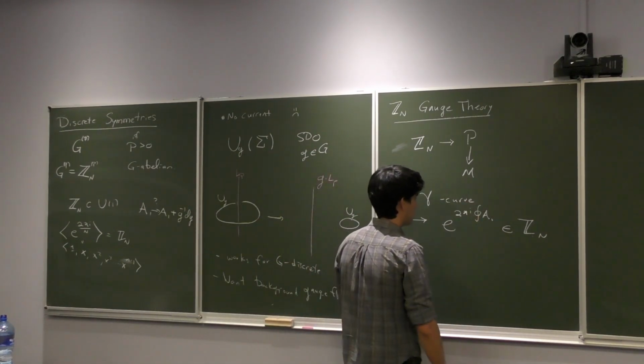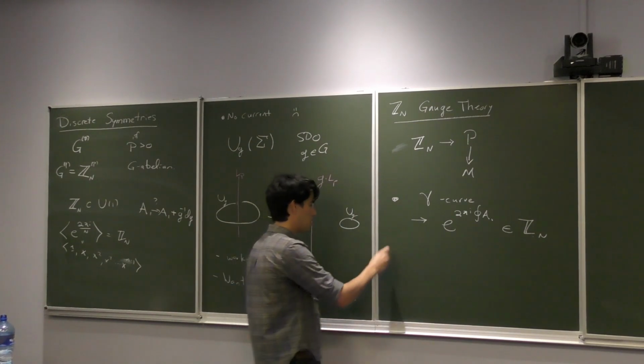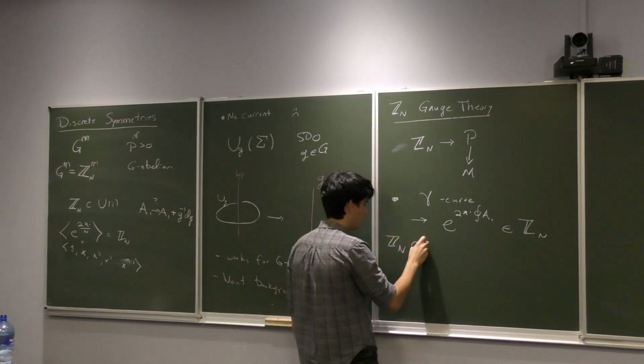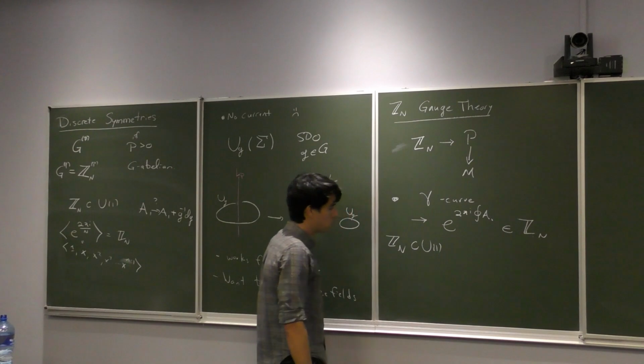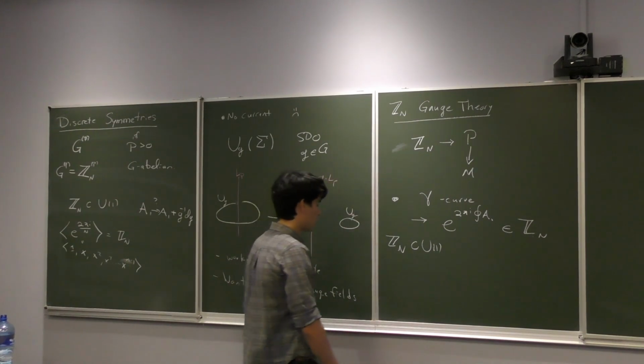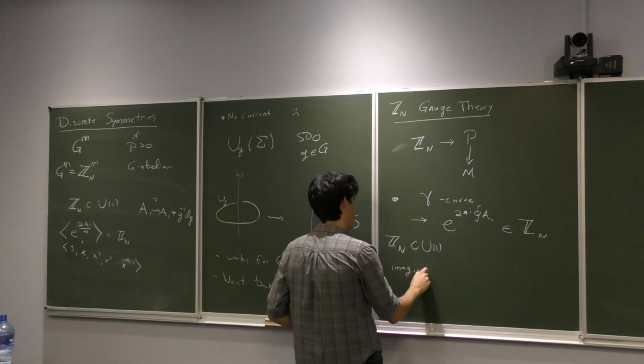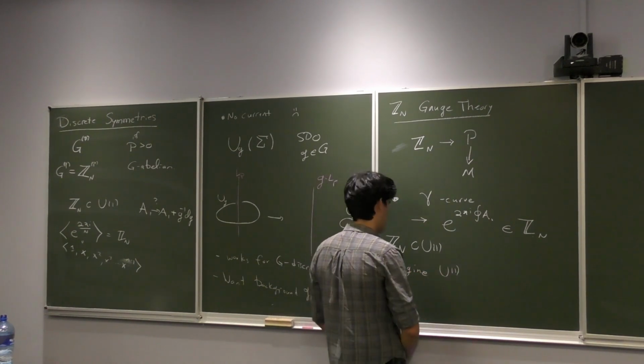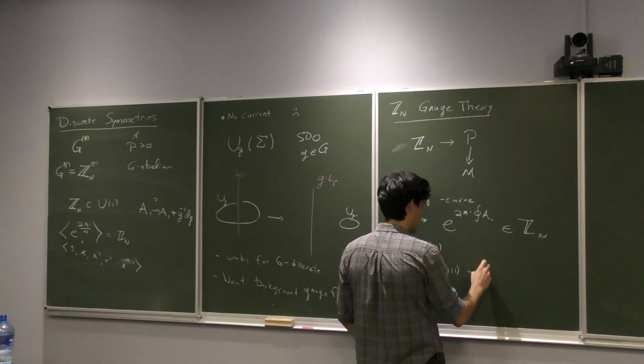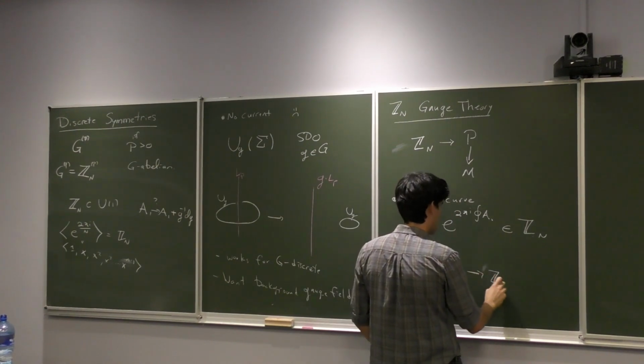The trick that we want to use here is that Zn is a subgroup of U1. So one way we can think about Zn gauge theory is to imagine we have a U1 gauge theory, and we just restrict ourselves to the Zn subgroup.